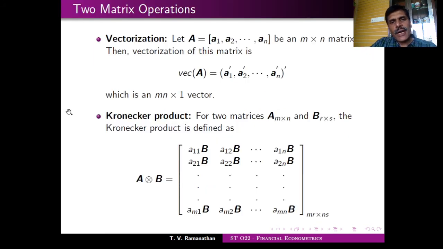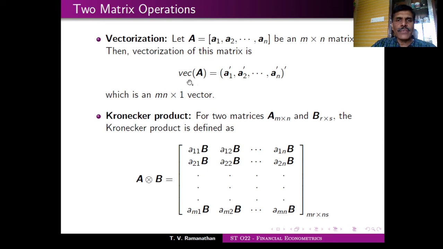So here, before starting, I would like to introduce a couple of notations. For example, let A be an M by N matrix, and each of the columns I call vector A1, vector A2, etc., vector AN. So there are N columns and M rows. So that's an M by N matrix. So vec A means the vectorization of this matrix.